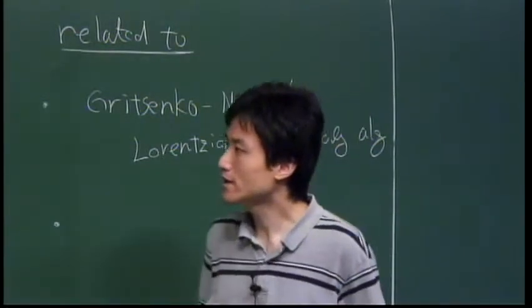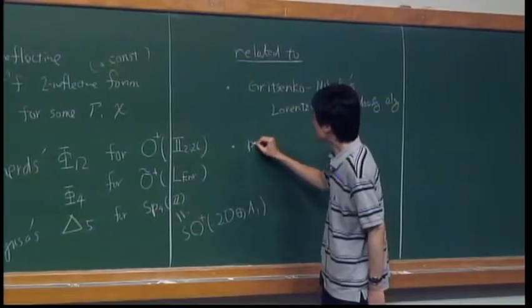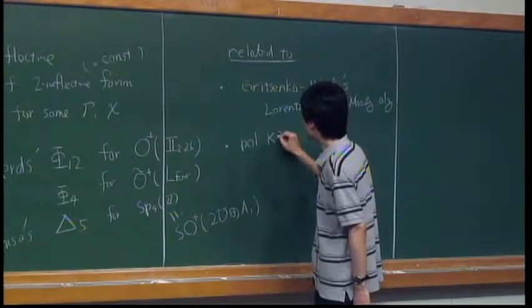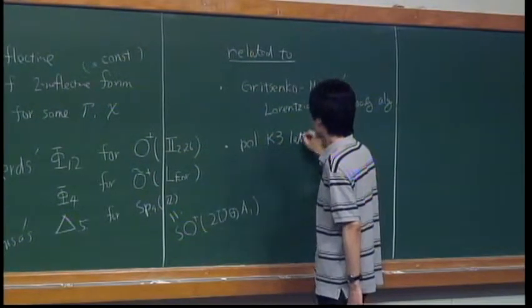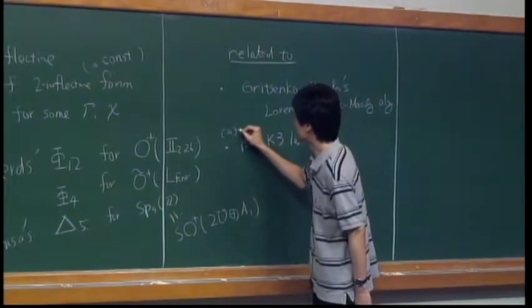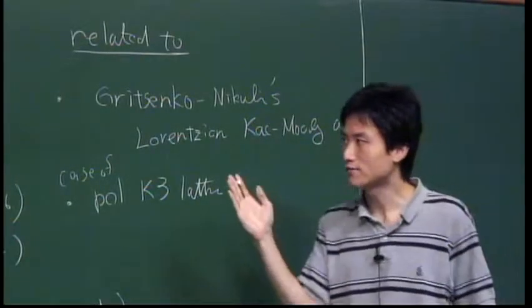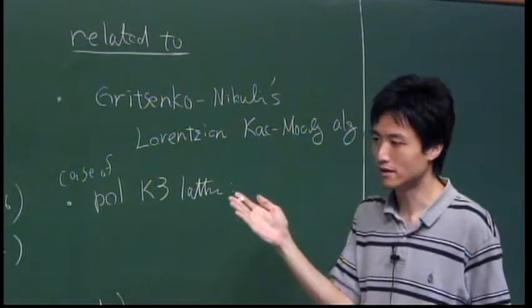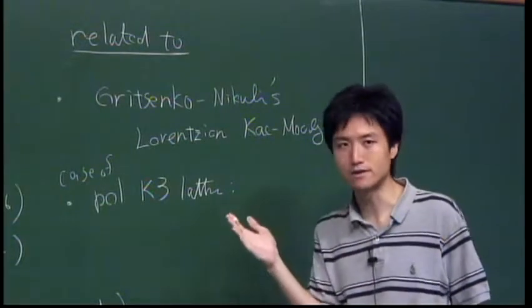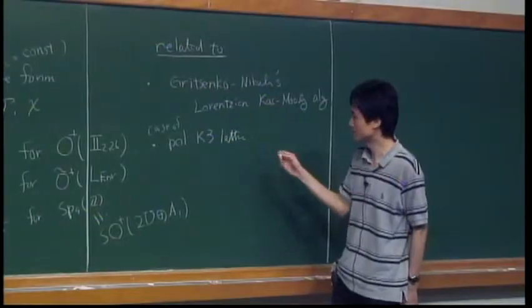And when the lattice is the polarized K3 lattice, if we have such a modular form, then it characterizes the discriminant divisor.